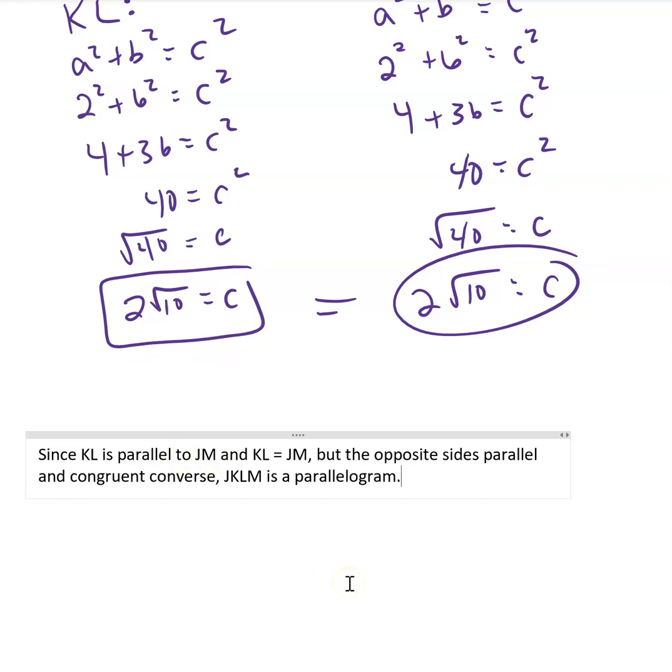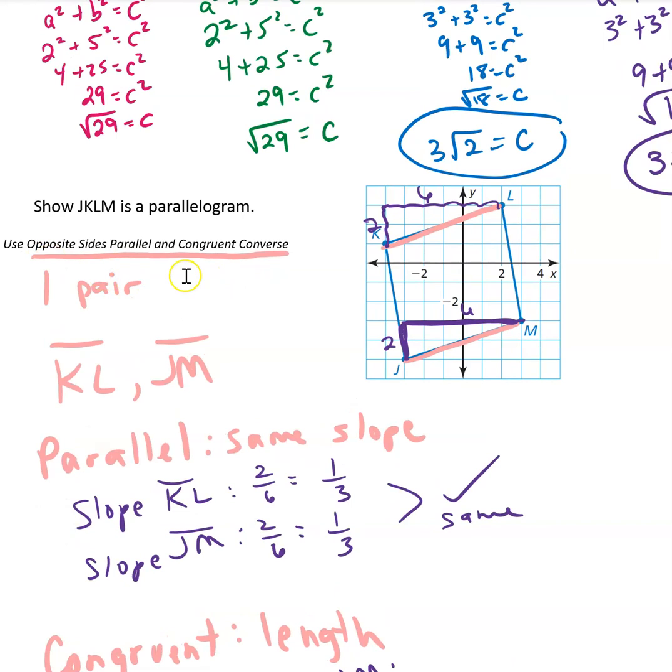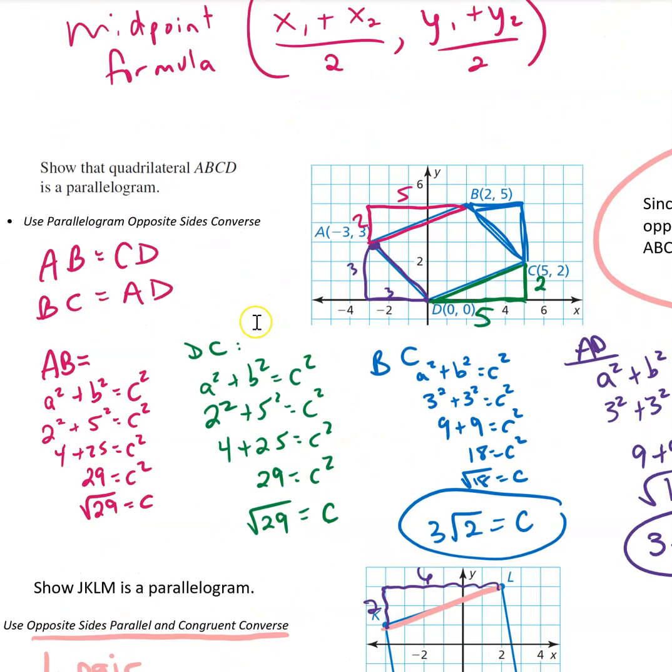On this first part, since we were talking about the segment KL being parallel to the segment JM, I would put bars over those.